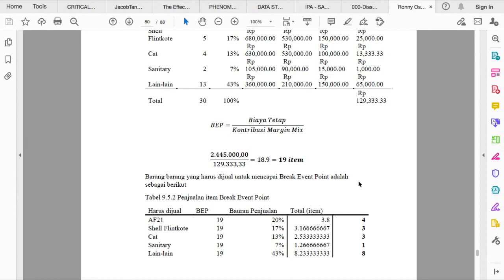I hope this clarifies the definition of break-even point and further clarifies the calculations for your business.